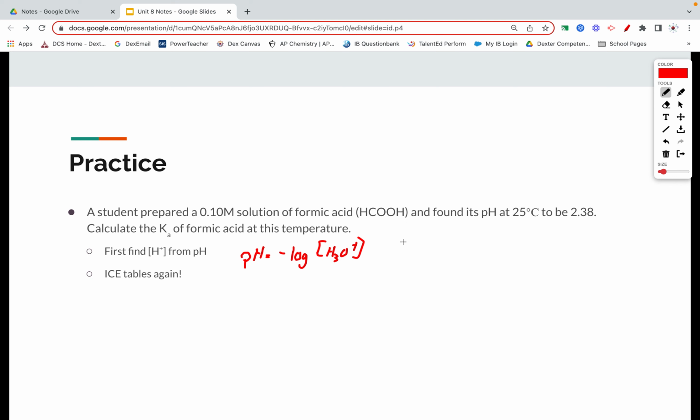So we know that our concentration of H3O+ is equal to 10 to the negative 2.38, which is 4.17 times 10 to the negative third molarity. Okay, so now we can just create our ICE table.